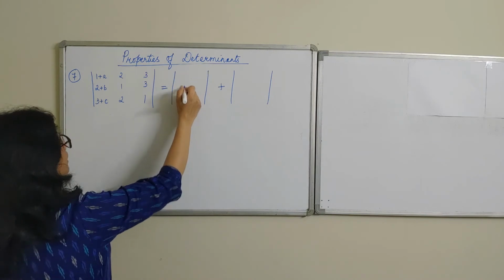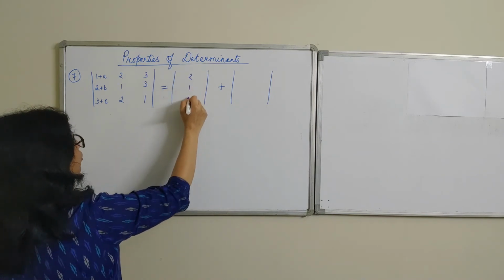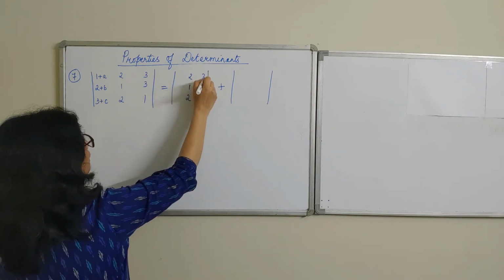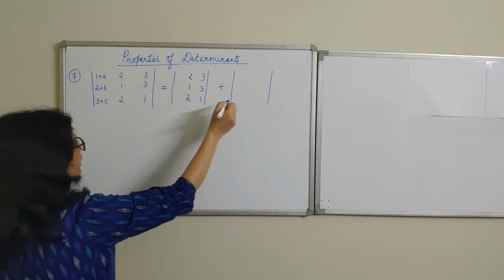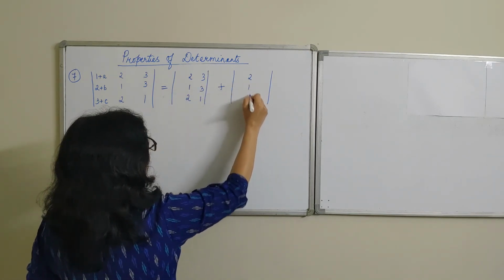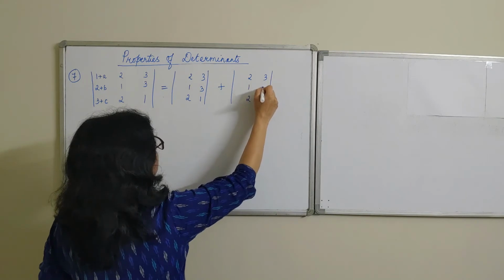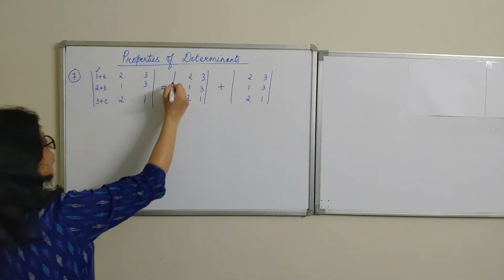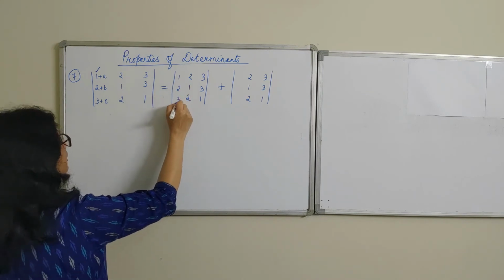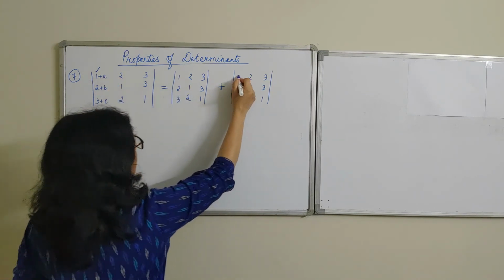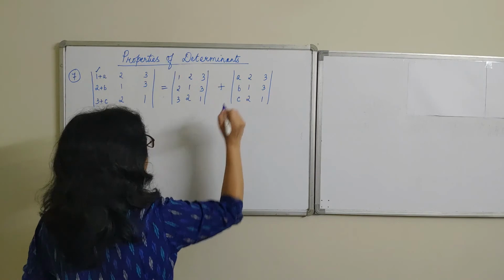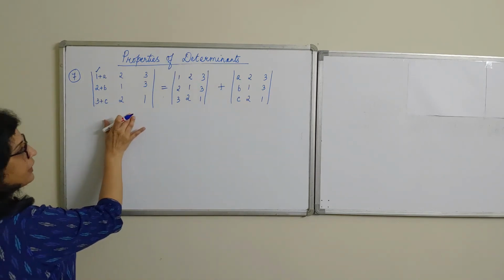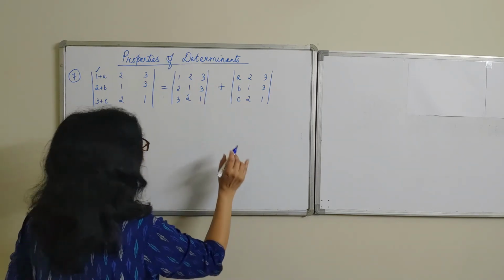In this determinant, the second column is 212, third column is 331. Here also the second column and the third column remain the same. The first column with elements 1, 2, 3 written here, and the next elements A, B, C written here. So this way the determinant can be expressed as sum of 2 determinants.